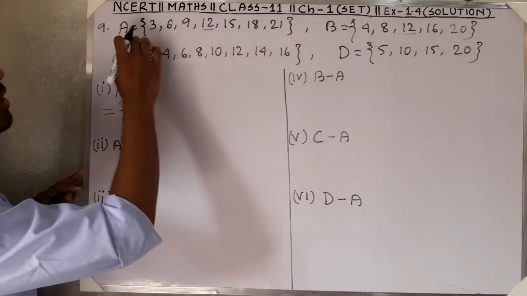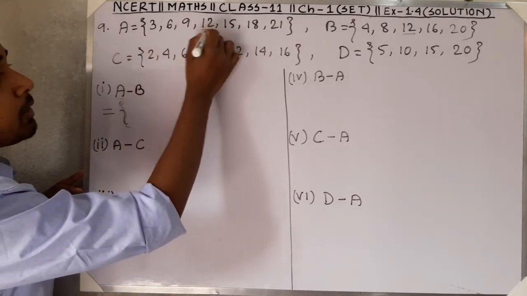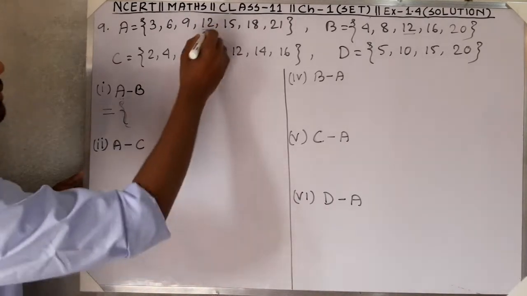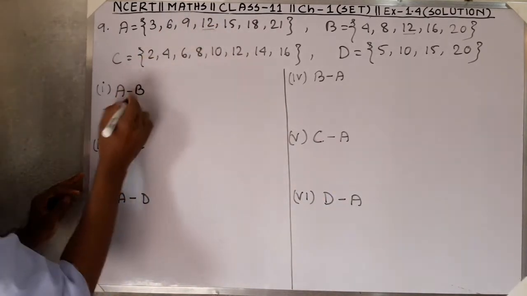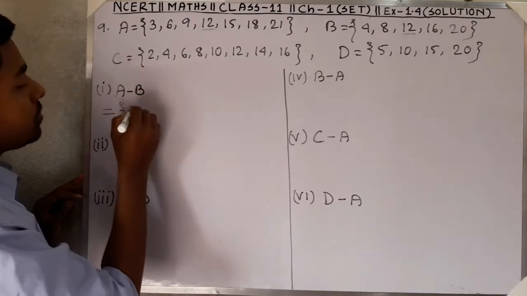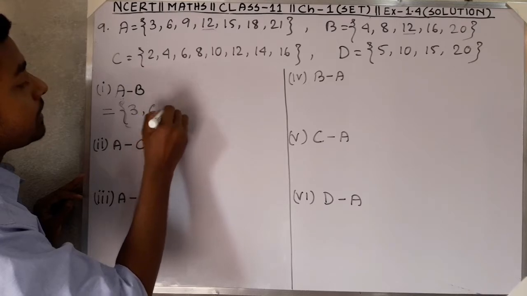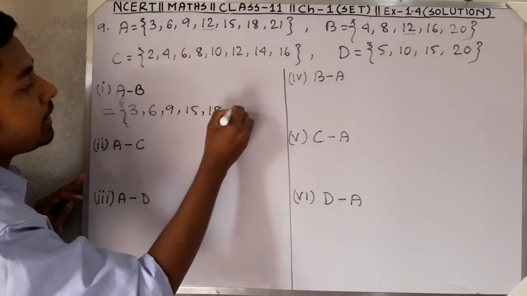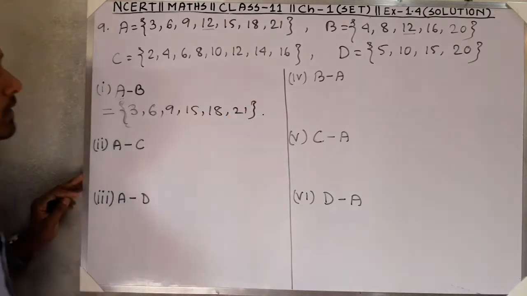We have to take all the elements of A except only 12, because we are subtracting B from A. So 3, 6, 9, 12 not, 15, 18, 21.